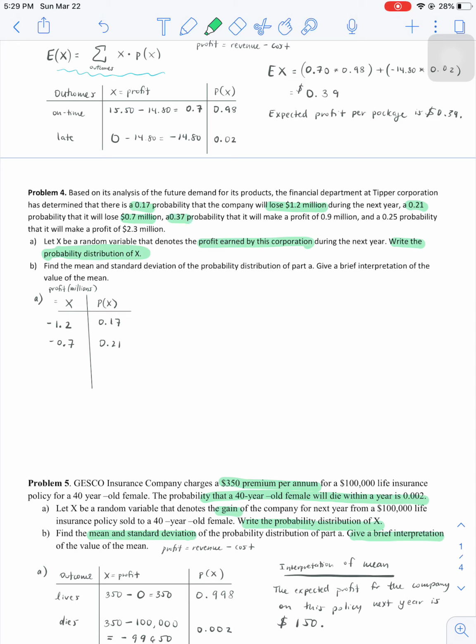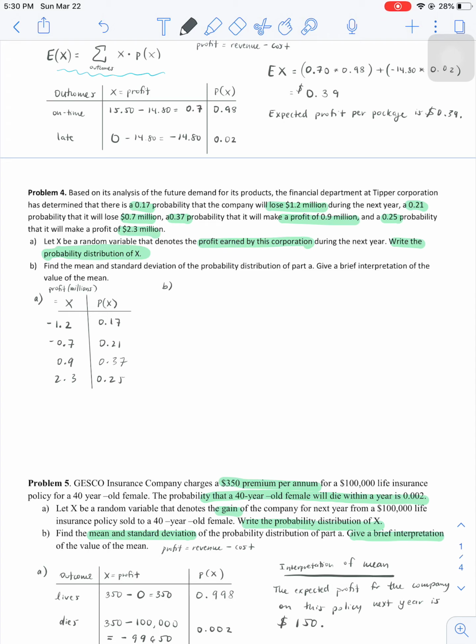And there's a 0.37 probability that they'll make a profit of 0.9. And last, there is a 0.25 probability that they'll make a profit of $2.3 million. Oops, wrong column. Okay, that's our probability distribution.